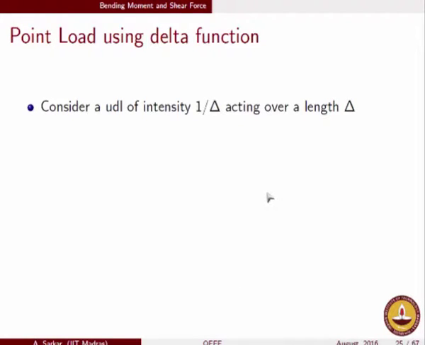We will firstly consider a UDL of intensity 1 by delta spread over a region of length delta, and then we will take the limit as delta goes to 0. In the first case we note that the total load is integral W dx over the entire range of its definition, 0 to delta.